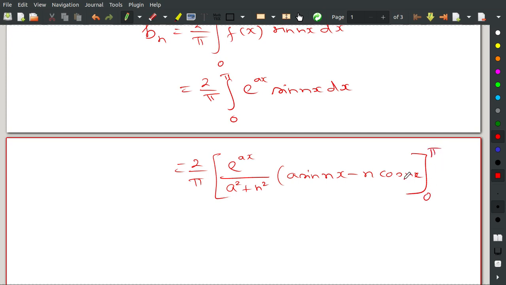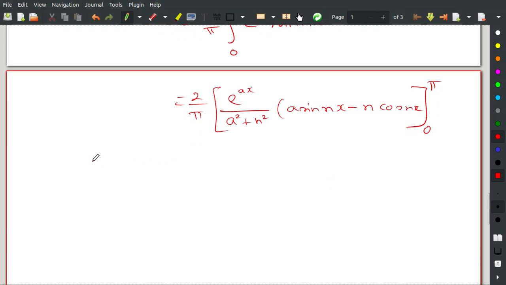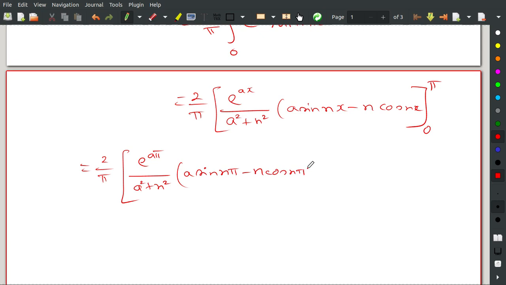Upon substituting the upper limit, we have 2 by pi, e power a pi divided by a square plus n square, times a sin n pi minus n cos n pi.